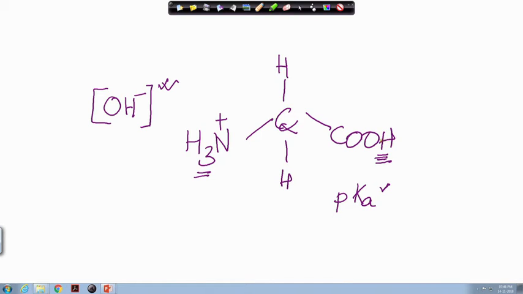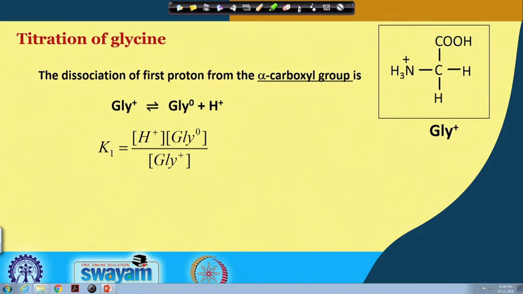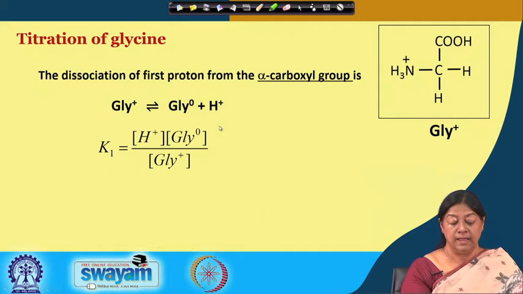So, what does our structure now become? Our structure now loses this proton. Once it loses this proton, we have lost the proton associated with the COOH, which means that Gly plus becomes Gly 0 plus H plus.